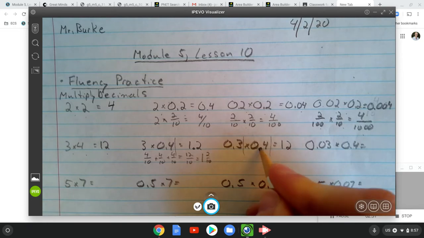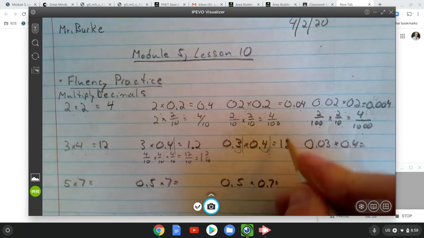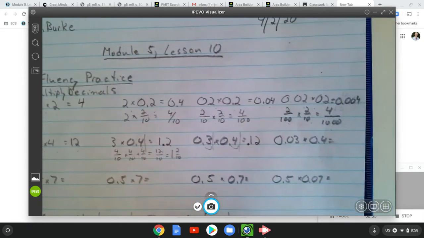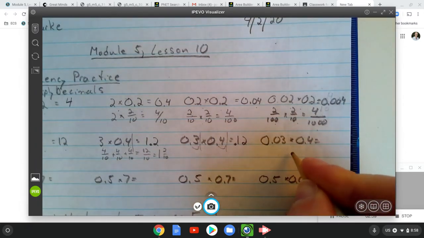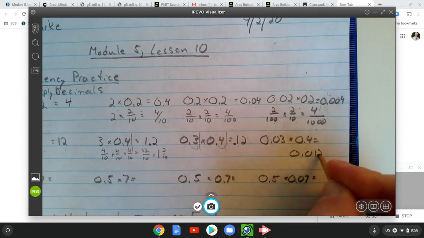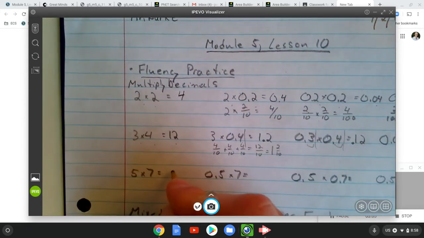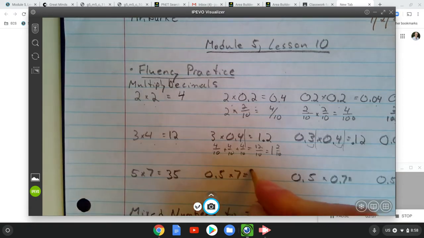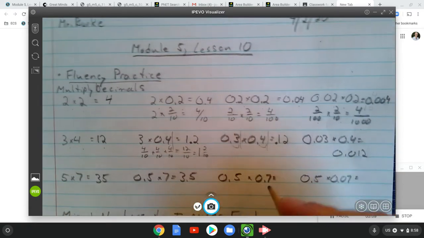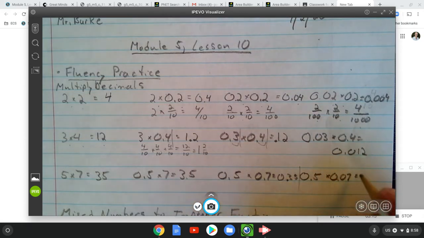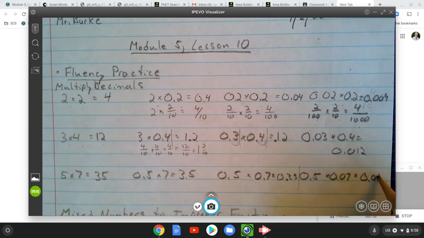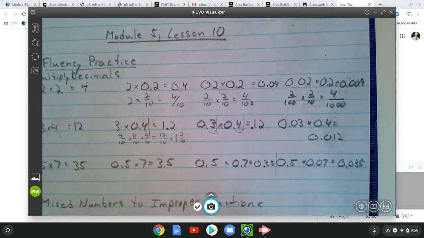All right, so 12 again. And if I'm counting, it's 1, 2 decimal places. So it's 0.12. And here, again, I don't quite have enough space, but it's 12 thousandths. Okay. And then 35, 3.5, 35 hundredths, and then 0.035.